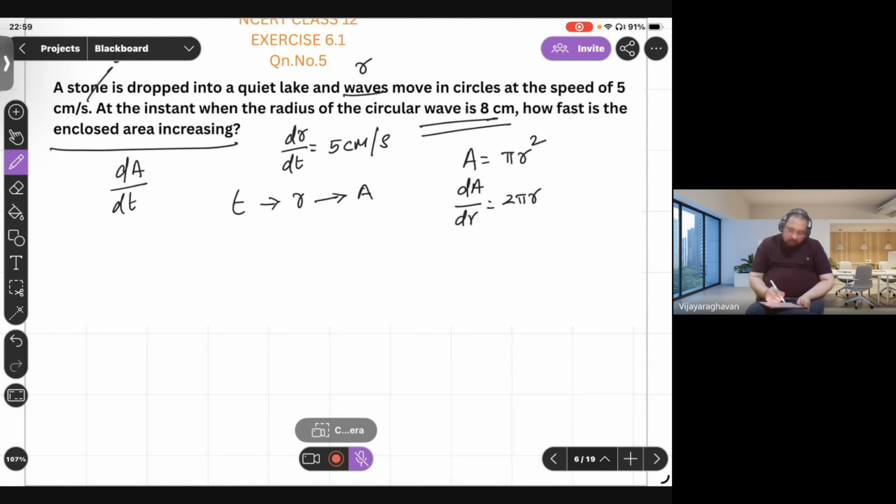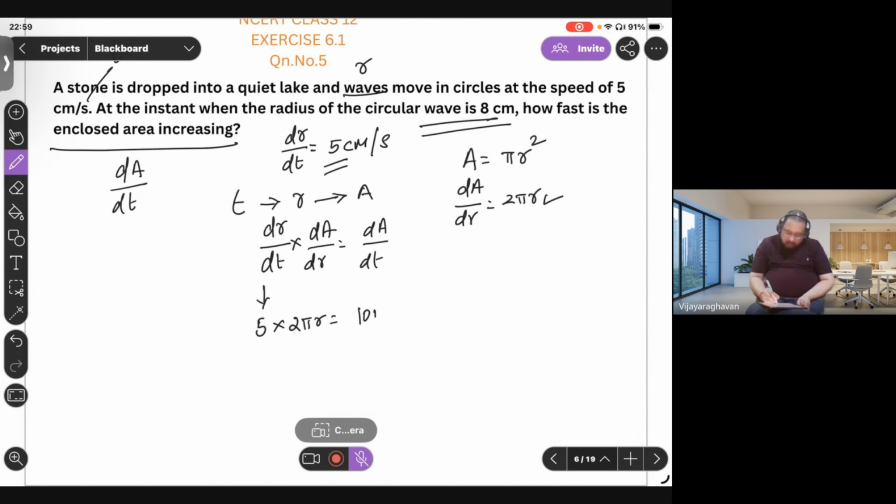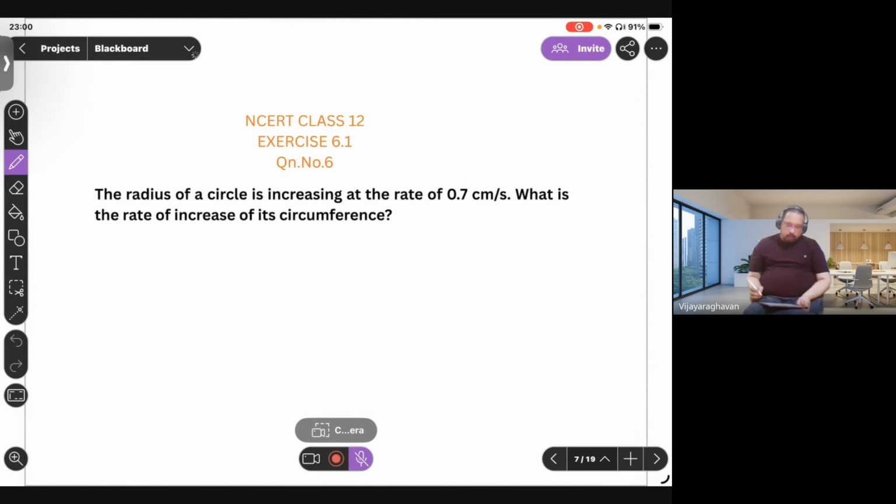Therefore, the derivative using the chain rule is dr/dt multiplied by dA/dr, which equals dA/dt. dr/dt is 5 multiplied by dA/dr is 2 pi r, which is 10 pi r. dA/dt is 10 pi r. When r equals 8, we have the answer as 80 pi centimeter square per second. This is the answer. Next question.